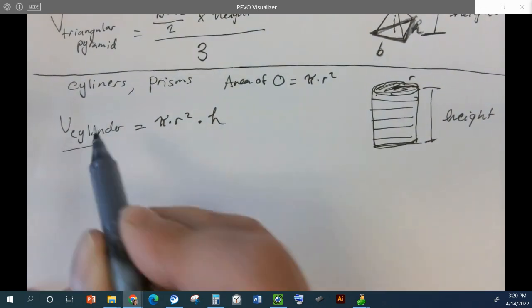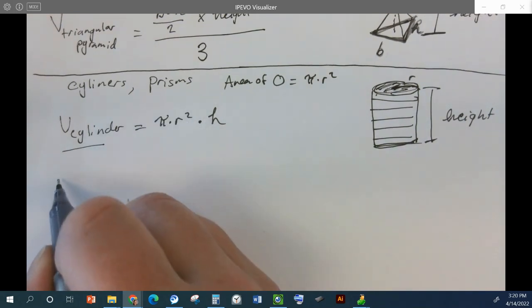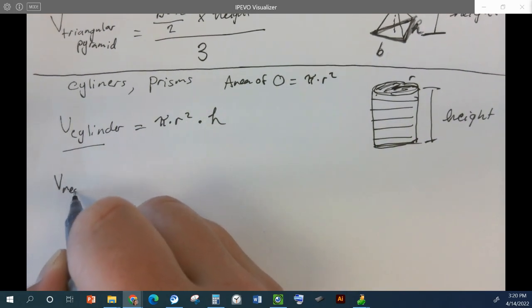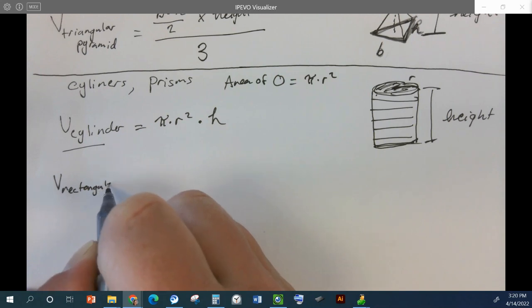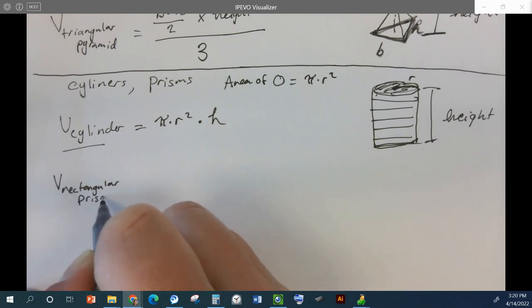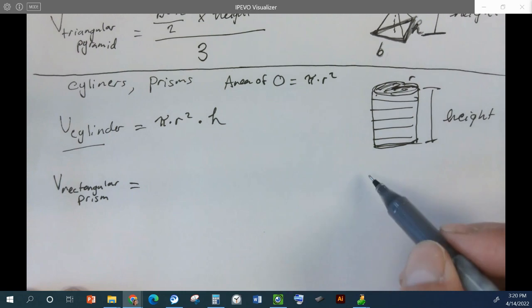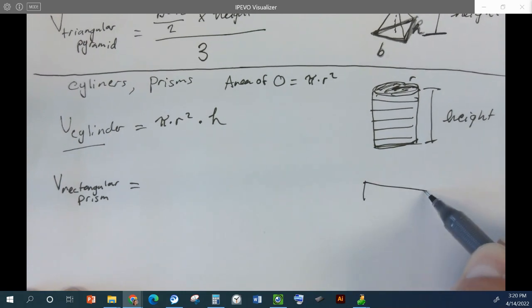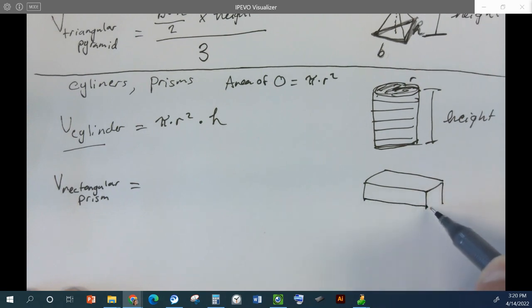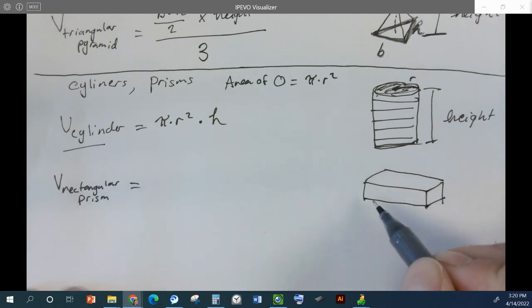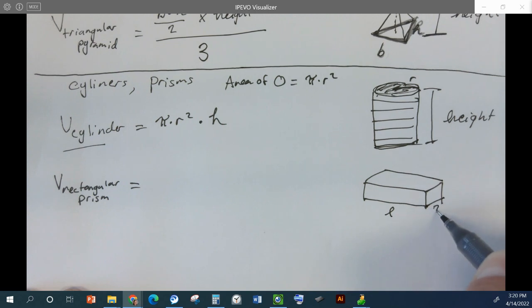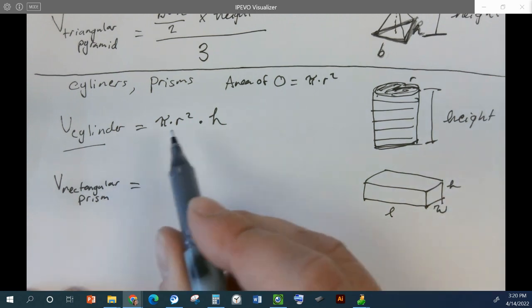Okay, so that's our cylinder, and then we have two types of prisms. One is a rectangular prism. This is the one that I tried to draw earlier. So it's just a box, some kind of box. It could be a cube even. And so we take the length times the width times the height.